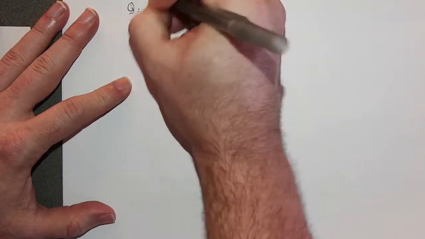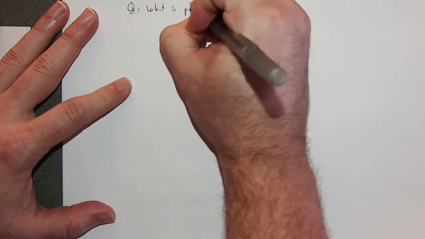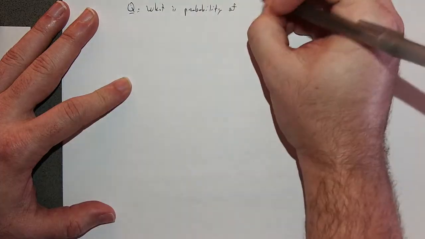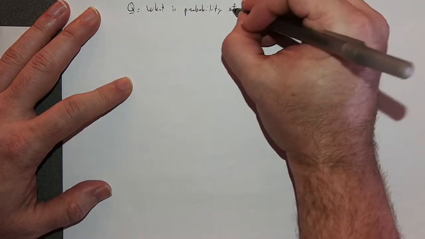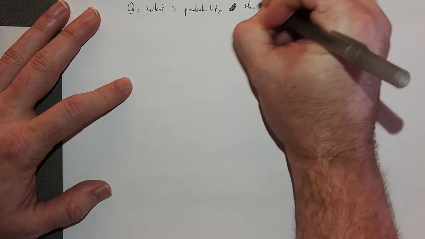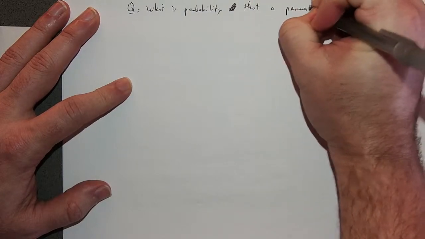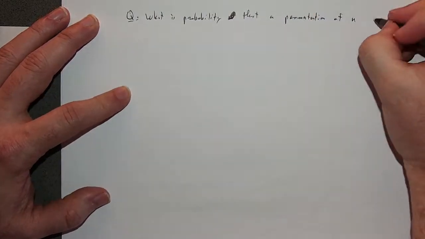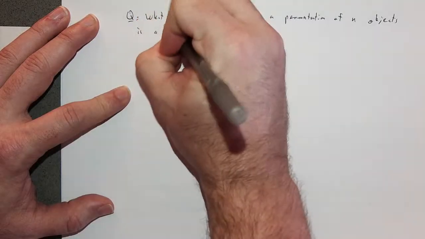So, question. What is the probability of a derangement? The probability that a permutation of n objects is a derangement.